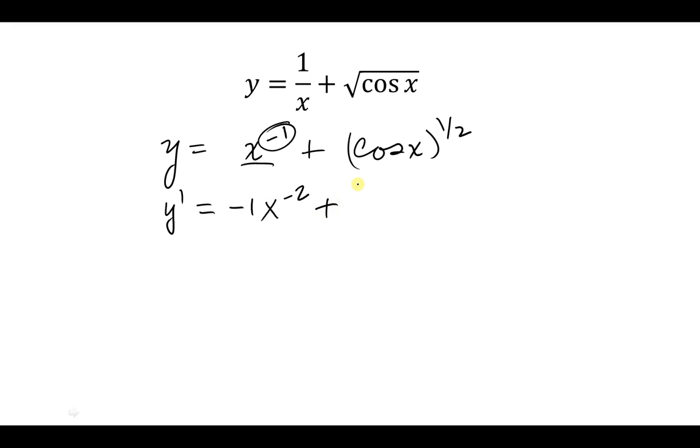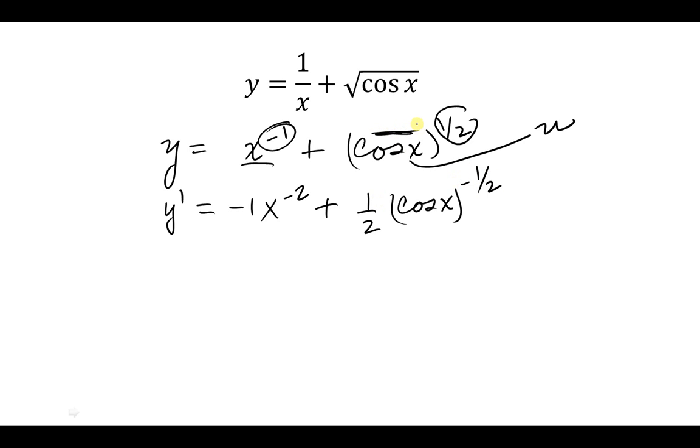Now for the second part, we'll need the chain rule, and we're going to treat this as if it were plain old x or u, and we're going to take 1/2 times cosine of x to the power minus 1/2, times the derivative of cosine of x, which is minus sine of x. And that's all there is to it.